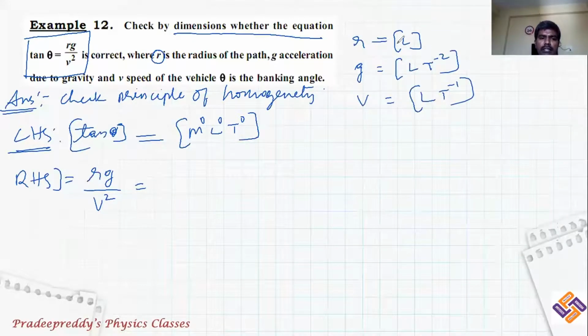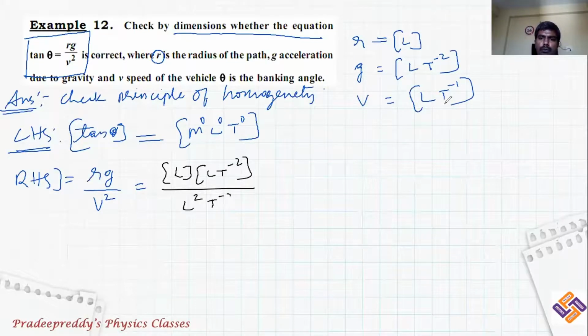Now substitute all these dimensions over here. What is R? R is L. What is G? L T power minus 2, divided by what is V square? L square T power minus 2. L square gets cancelled. T power minus 2, T power minus 2 gets cancelled.